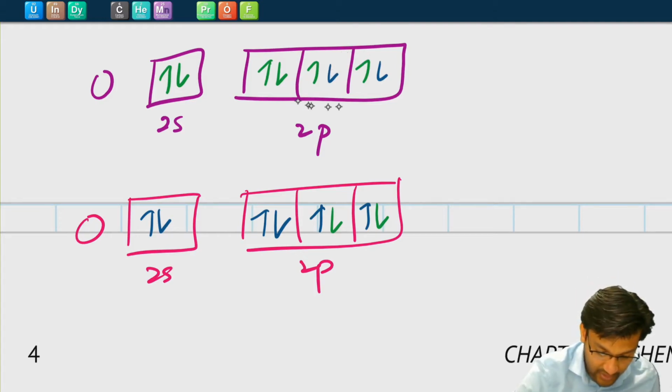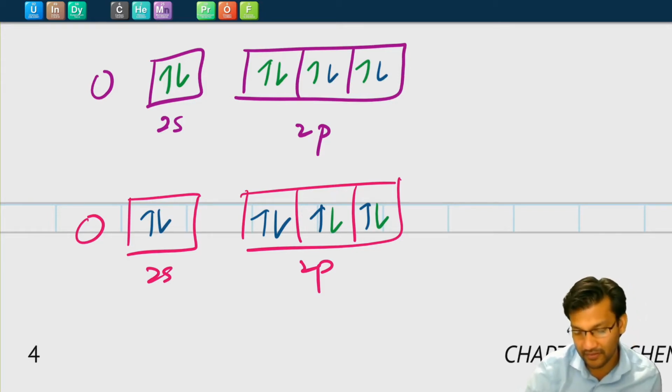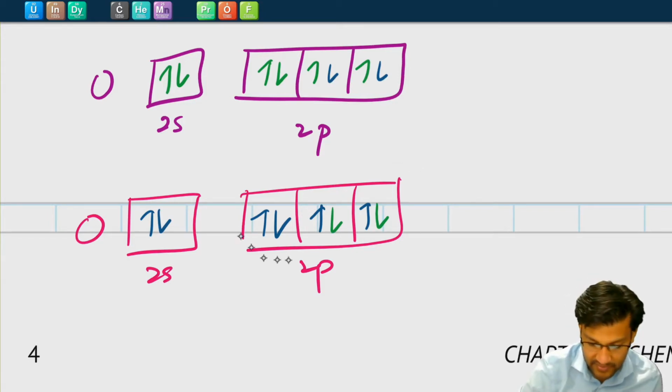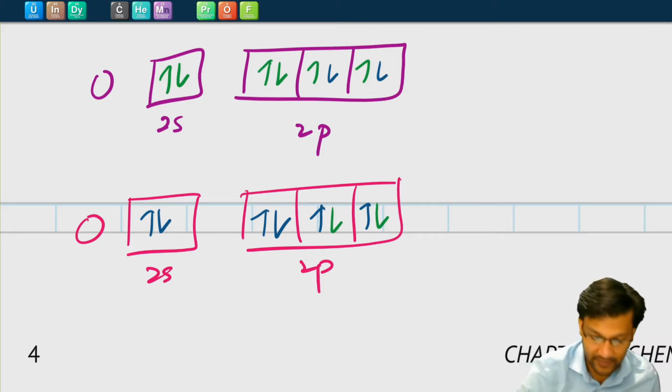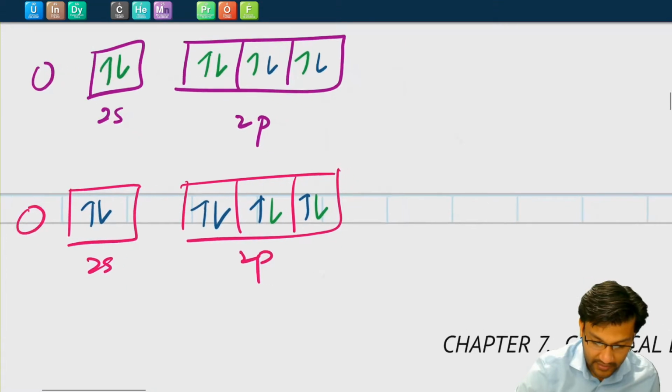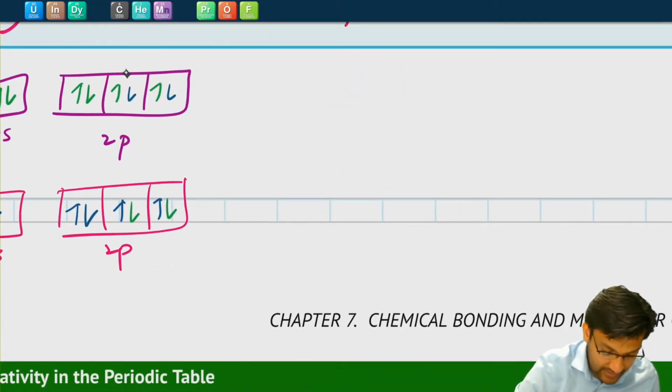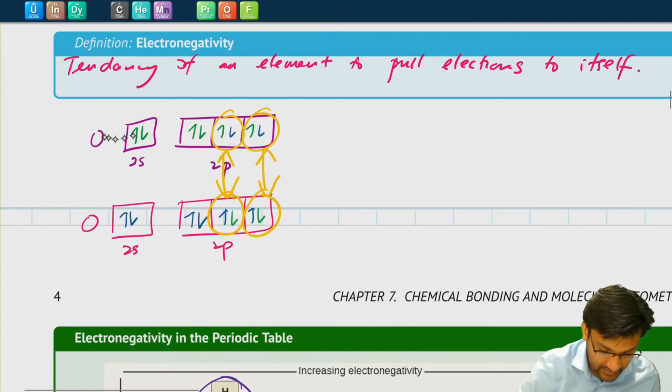Sometimes the one on top will borrow these two electrons from the bottom so it can have a filled subshell, and then sometimes the one on the bottom will borrow the electrons on top so that it can have a filled subshell. If you think about it, these four electrons are the same electrons, just sometimes on this atom and sometimes on that atom.